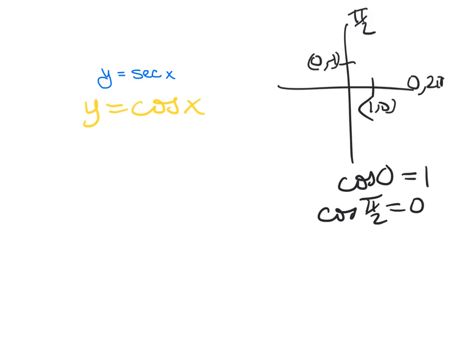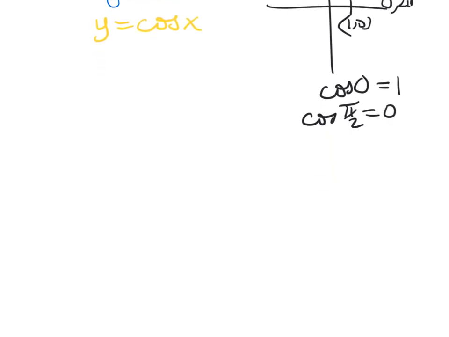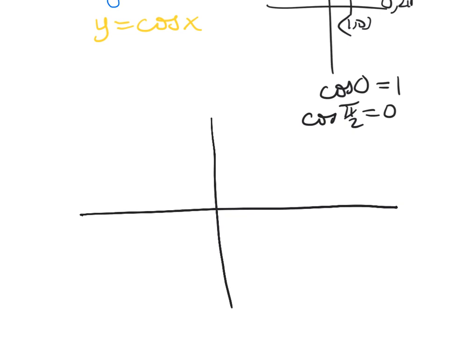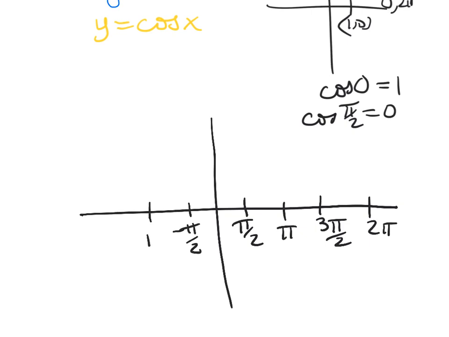So let's go ahead and create our cosine graph. You really don't need to use those axis points. You should already know that we're going to break this into the 90s: pi over 2, pi, 3 pi over 2, 2 pi, negative pi over 2, negative pi, negative 3 pi over 2, and negative 2 pi.